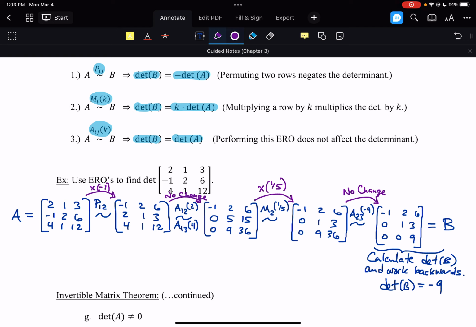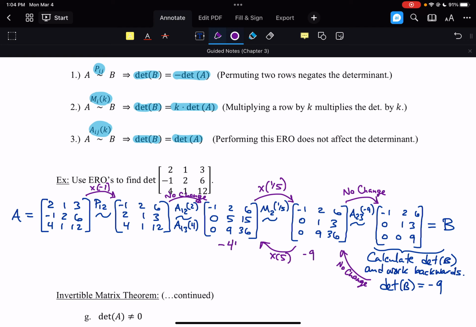So now if we backtrack and undo the changes that were made to get back to the determinant of A. From here to here, there was no change. From here to here, we're still at negative 9 right now. Going this way, we had multiplied by 1/5, so this is 1/5 of what this one was. So we need to undo the effect, which just means we're going to multiply by 5.